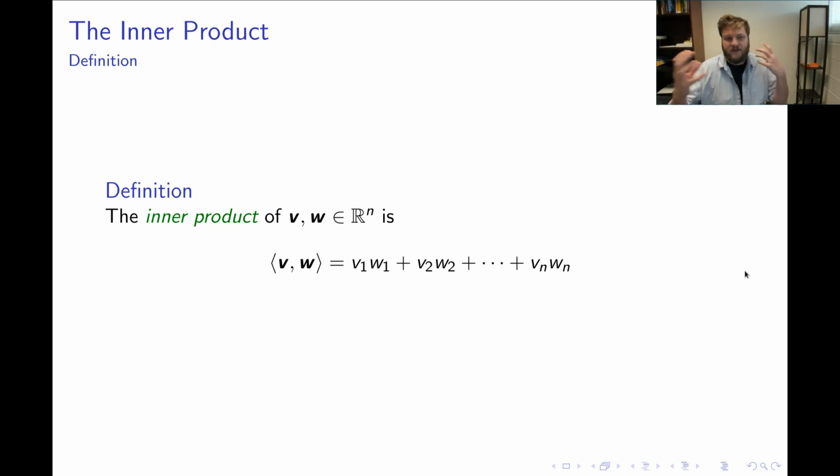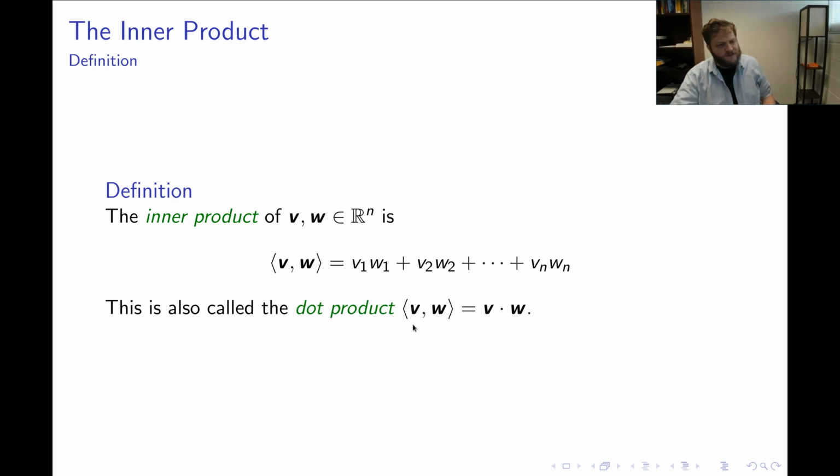It turns out that there are lots of different ways to do this, but one of the most useful ways is through what's called the inner product. So the idea is that if I have two vectors with the same number of coordinates, the inner product of those two vectors is defined with this angled bracket notation where the vectors are separated by a comma. And what this is telling me to do is match up all of the coordinates in the two vectors, multiply them, and then add everything together.